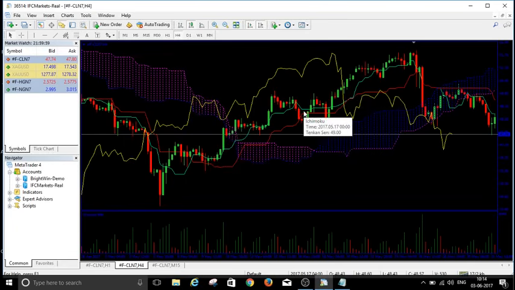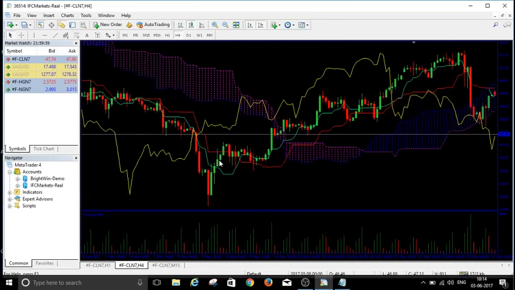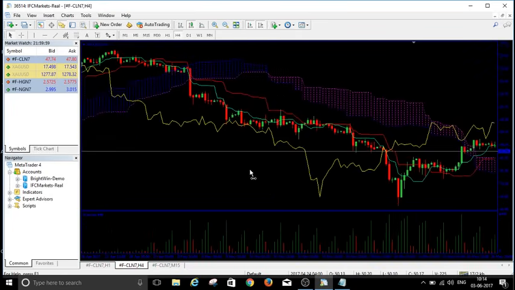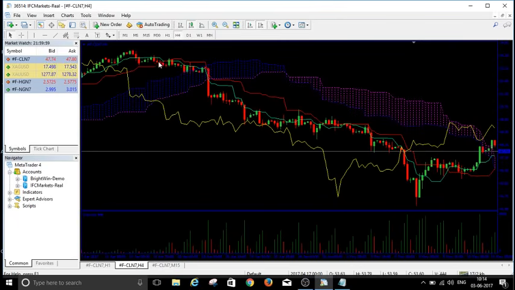Just like here, the green line crosses over the red line. Tenkan Sen crosses over Kijun Sen, so we can go and buy. And like here, Kijun Sen crosses over Tenkan Sen, so we can go and sell.